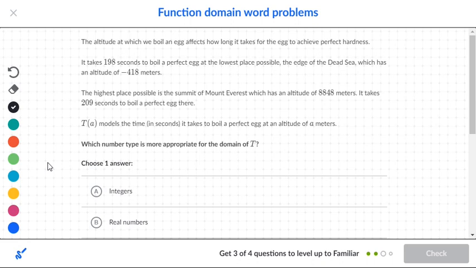So we're going to use T of A, and the letter A is the altitude. So if you look here, that's what it says. The A is the altitude. So the altitude that we're working with is a negative 418 and a positive 8,848.